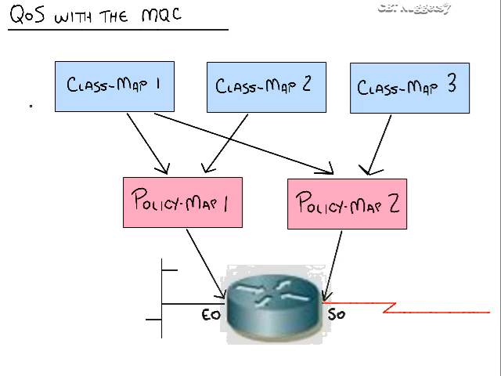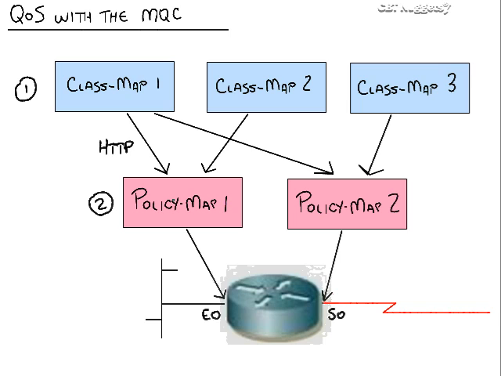So here are the 3 levels of quality of service. The first thing that we do is we create a class map. This is where we can classify our traffic. And classifying, again, is just separating our traffic into its different groups. The policy map is where we do things to the traffic. We say, okay, now that you're all standing in the group, for instance, let's say class map 1 matches all HTTP traffic and classifies it in its own little group.